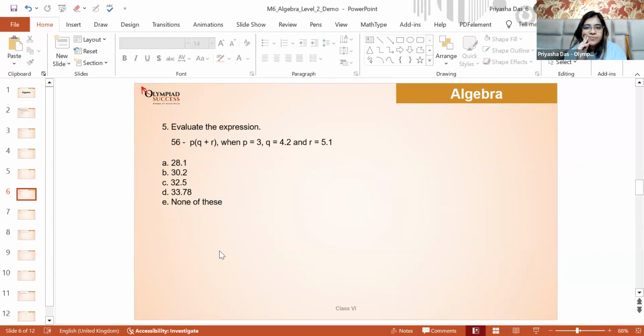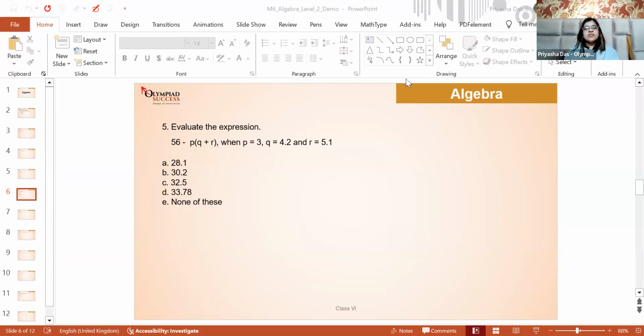Let's go. Decimals with a bit of algebra. Not hard, a little bit lengthier than the previous questions. Okay, nice.